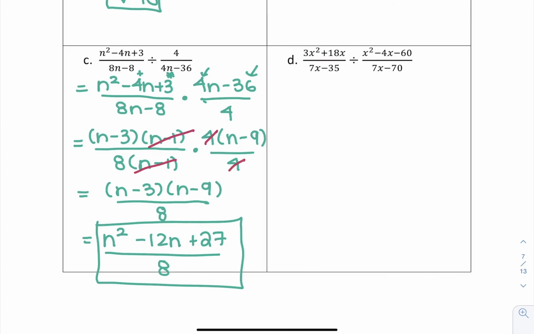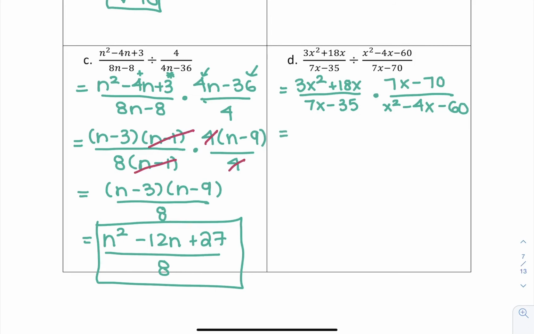Let's try this last one. So we're going to keep, change, flip. Change to multiplication and flip the second fraction. Now factor as much as possible. In this first one, I can take out a 3, and I can also take out an x.